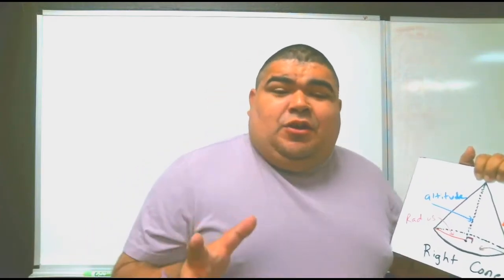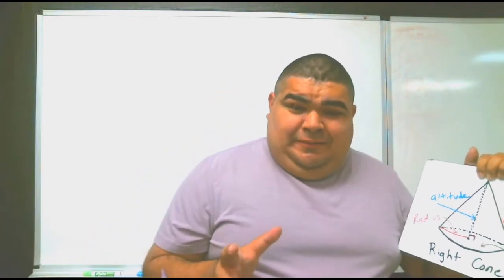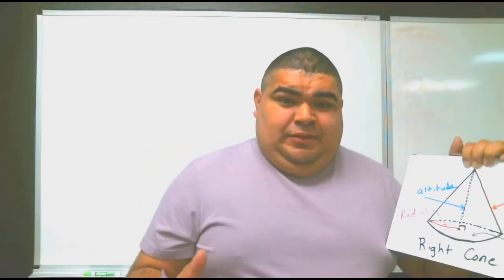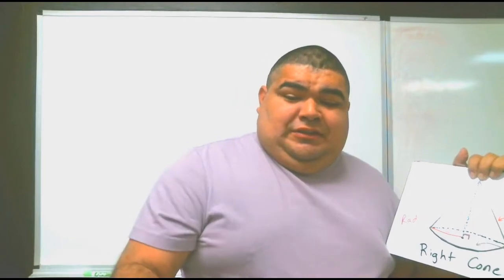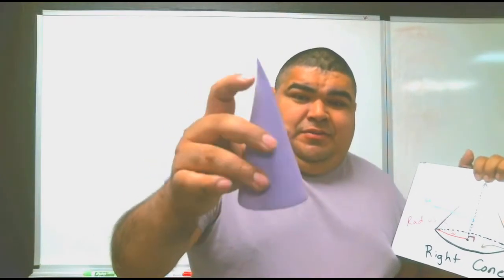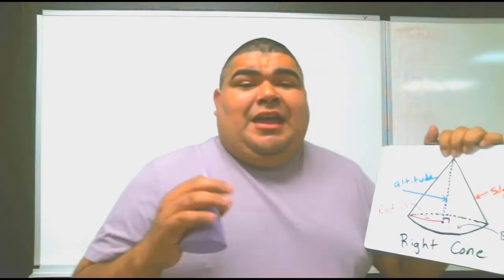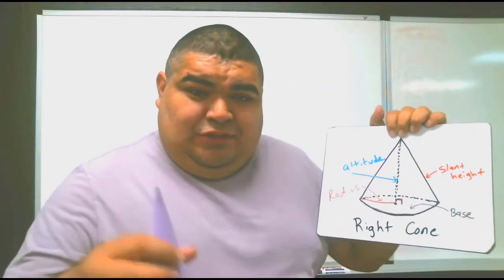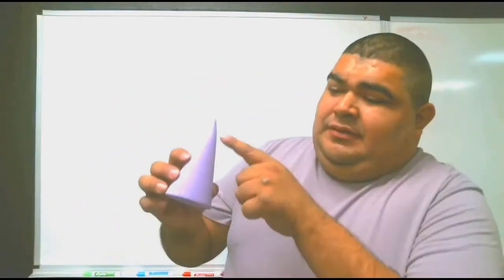We have what is known, not really as height, but as the altitude, from the center of the bottom to the vertex. We do have kind of a height, which is the slanted height, which is the side here. Notice how it goes sideways.